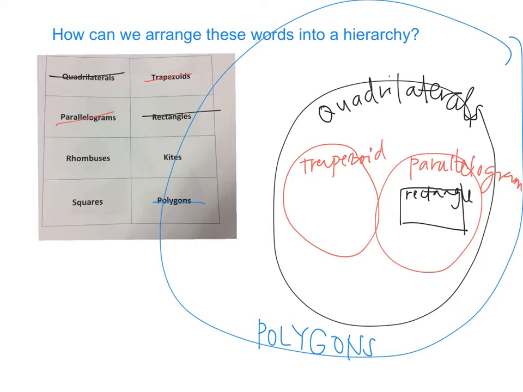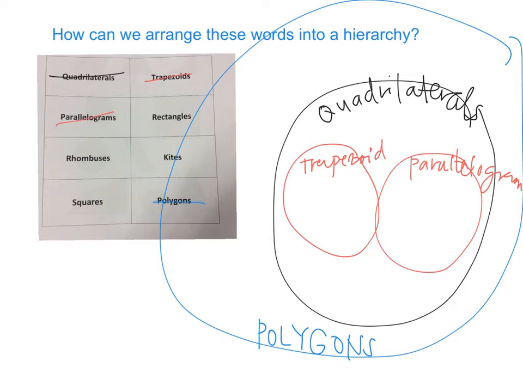And then what about rhombuses? Where should rhombuses go? It's in parallelograms, right? Now, sometimes rectangles, oops, I'm going to draw this in a different way. Can rhombuses and rectangles ever overlap? Yes.